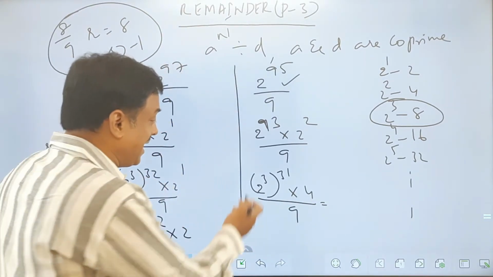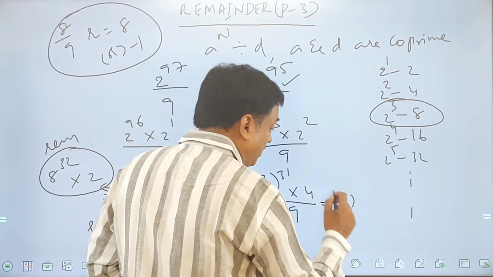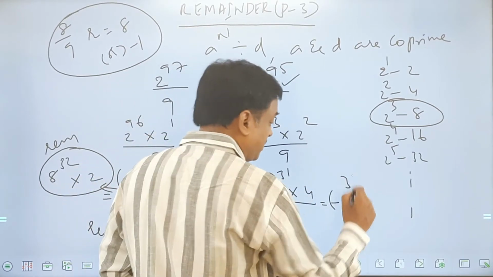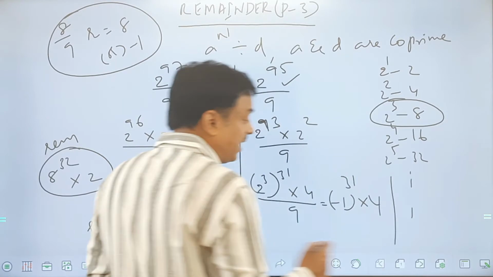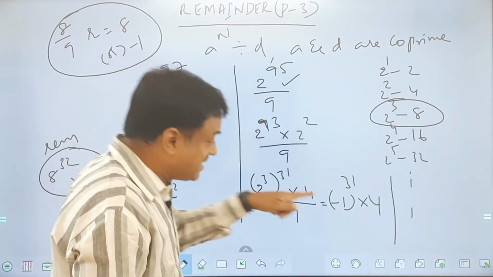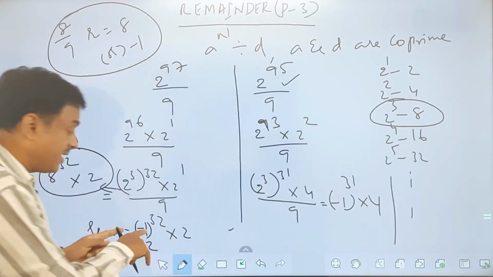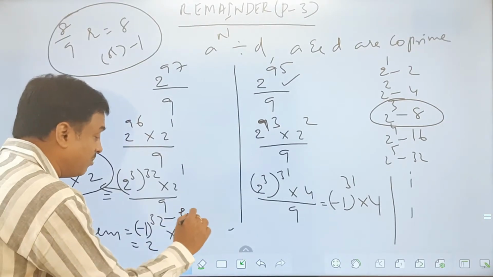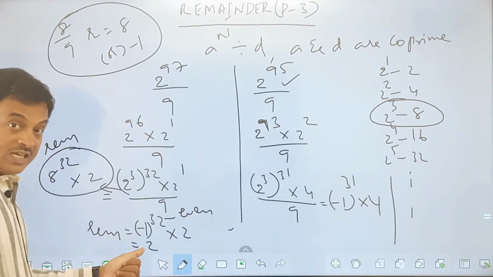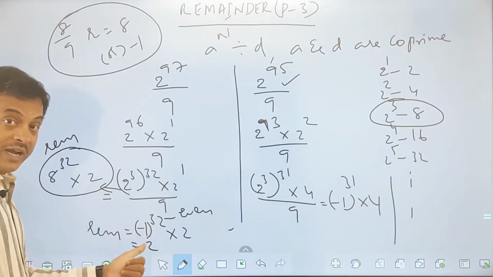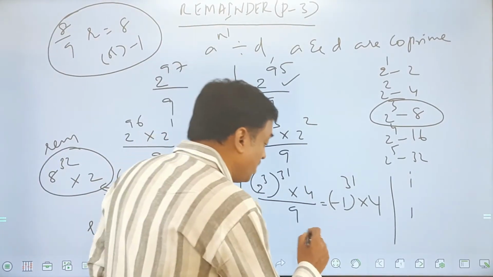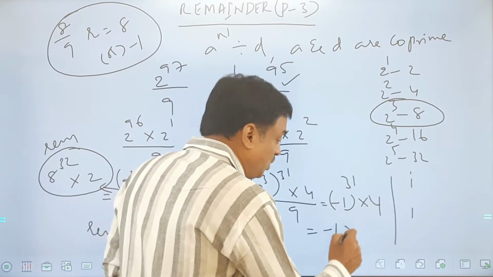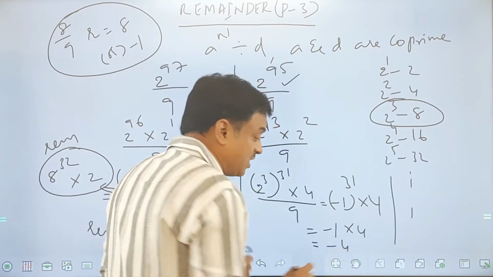Further, 8 divided by 9 gives minus 1, so minus 1 whole to the power of 31 into 4 divided by 9, you get 4 as a remainder. Since the power is an odd number, see the earlier case, the power was an even number, so minus 1 became plus 1 into 2, finally 2. Whereas here, minus 1 to the power of an odd number will be minus 1 into 4. My ultimate answer is minus 4.